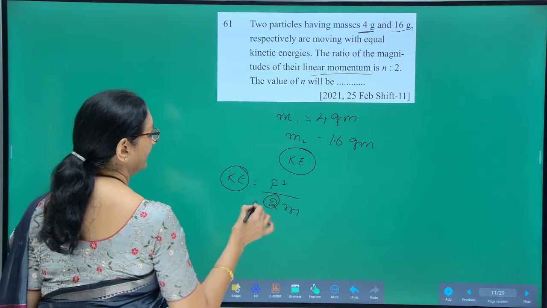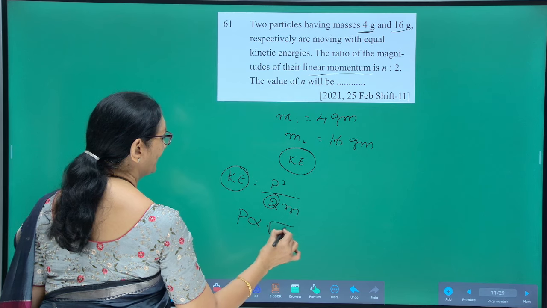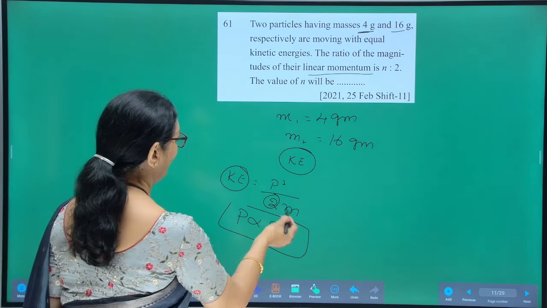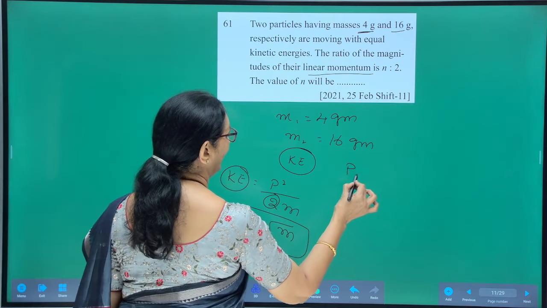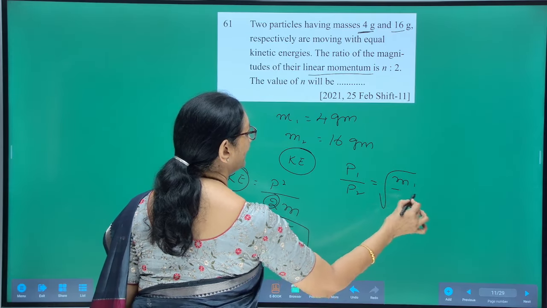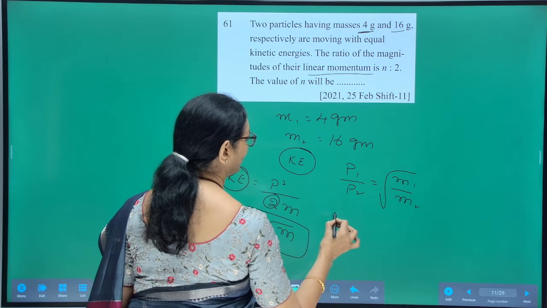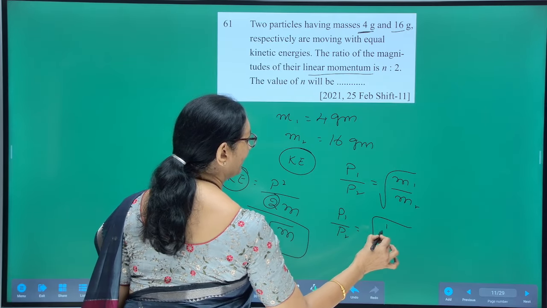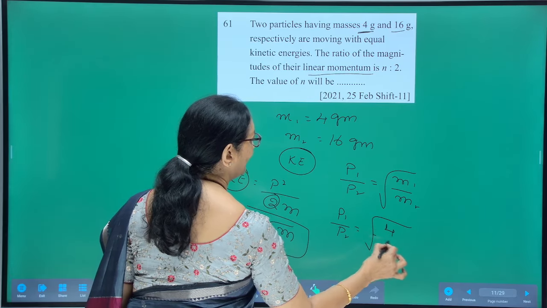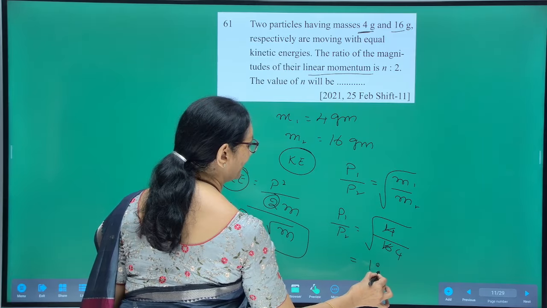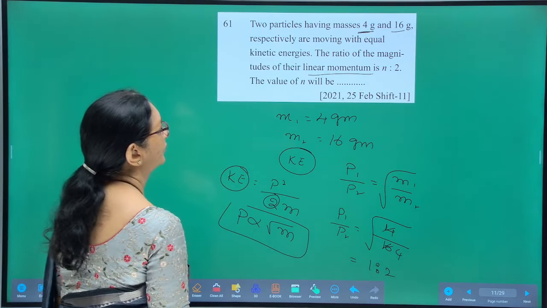KE is constant. So, from this relation, p is proportional to square root of m. P1 by P2 is equal to square root of m1 by m2, which implies the ratio of their momenta, where m1 is 4 grams and m2 is 16 grams, is 1 by 4 under square root, it is 1:2.